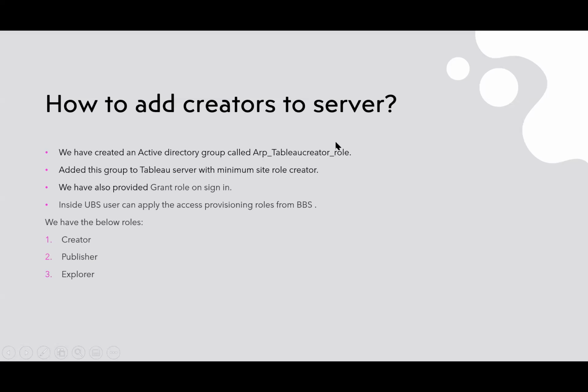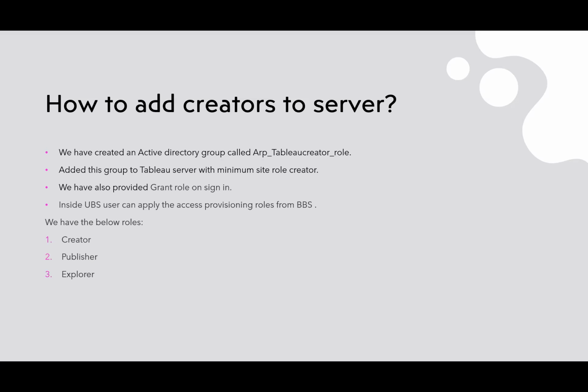So why we are doing this process is we want to make sure that we meet certain requirements in UBS. Every time our users ask us a question, like how many licenses, how many Tableau Desktop creators there are for a specific business division or zone-wise, how many user licenses are getting used. If we do this automatically, we will not have clear transparency to show these reports to the user. So to make the reporting easy, we have used an access provisioning site called BBS in UBS.